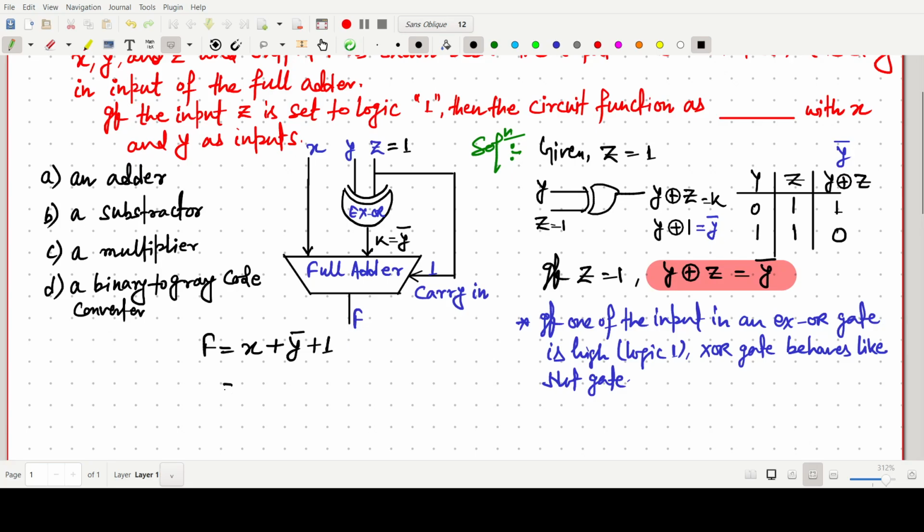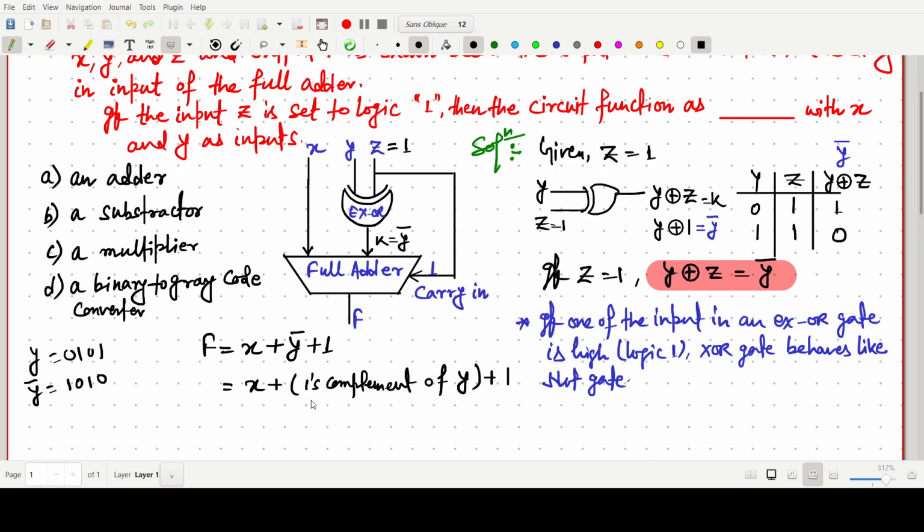Now X plus Y bar can be written as X plus the 1's complement of Y. The 1's complement just means reversal: if Y is something like 0 1 0 1, then Y bar is 1 0 1 0.